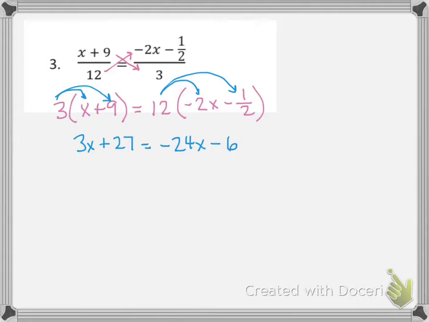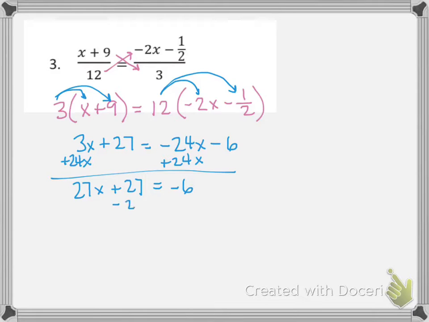Okay, I've got a choice here. I don't like a negative x value, so I'm going to add 24x to both sides so that we get a positive x value. We get 27x plus 27 is equal to negative 6. Now I subtract 27 from both sides, and that gives me 27x is equal to a negative 33.